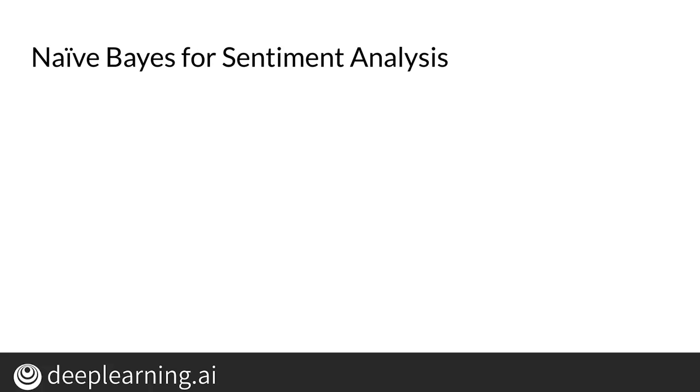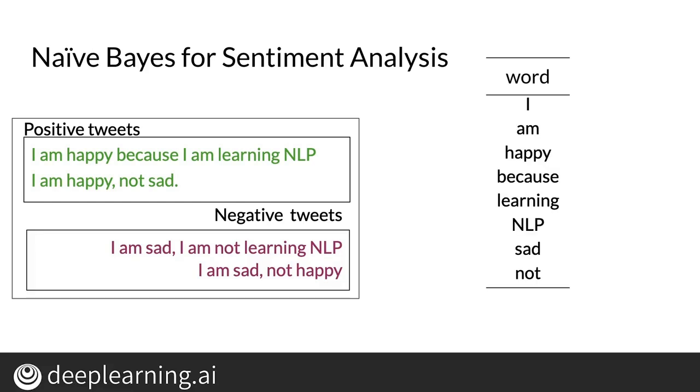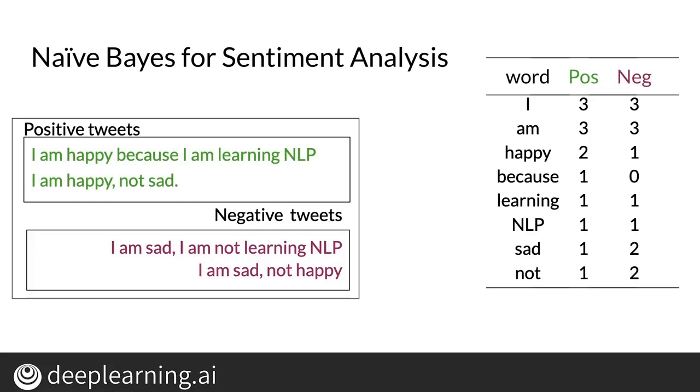So as before, you'll begin with two corpora, one for the positive tweets and one for the negative tweets. You need to extract the vocabulary, or all the different words that appear in your corpus along with their counts. You get the word count for each occurrence of a word in the positive corpus. Then do the same for the negative corpus, just like you did before. Then, you're going to get a total count of all the words in your positive corpus, and do the same again for your negative corpus.